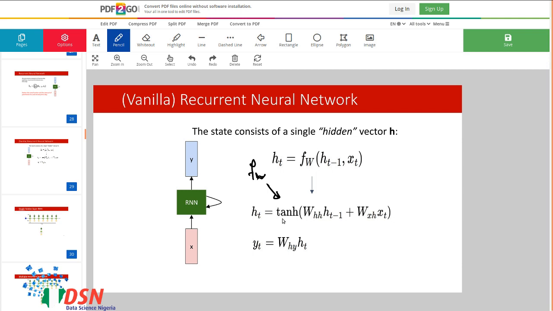And when we apply this nonlinearity, we get the hidden state. And the output of the network is determined by some weights times the current hidden state. So this is a really simple thing, but a really important thing in RNN.